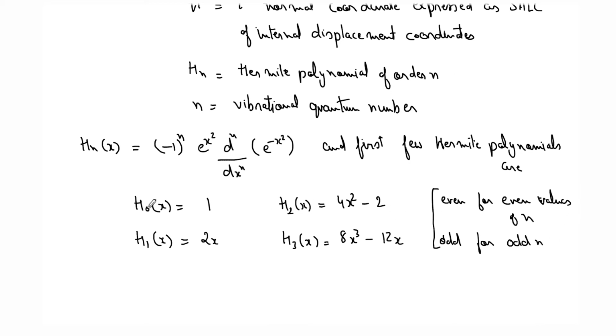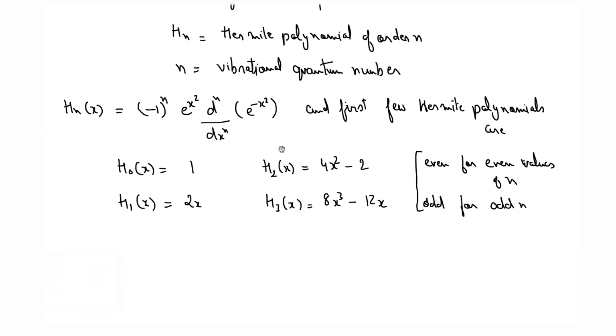That trend can be seen. So n equal to 0, the function is even. N equal to 1, the function is odd. N equal to 2, the function is even again. N equal to 3, the function is odd again, right? So all we care about is whether it's even or odd, because we are talking about the integration and we are interested in symmetry. We are not exactly interested in the functional form of this.